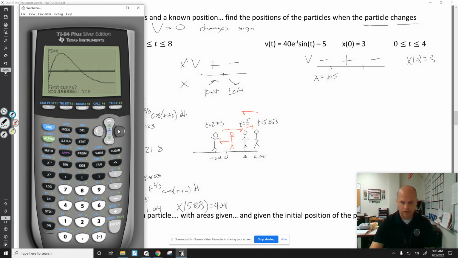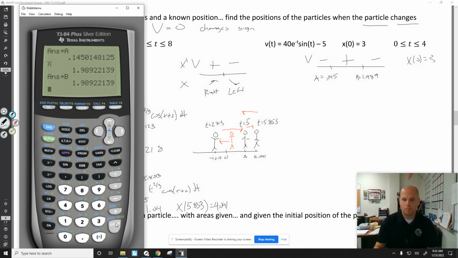Might be easier and faster to get to the other intersection. 1.989. That'll be B. Okay. Make sure you go through that process of storing it. Store as B.